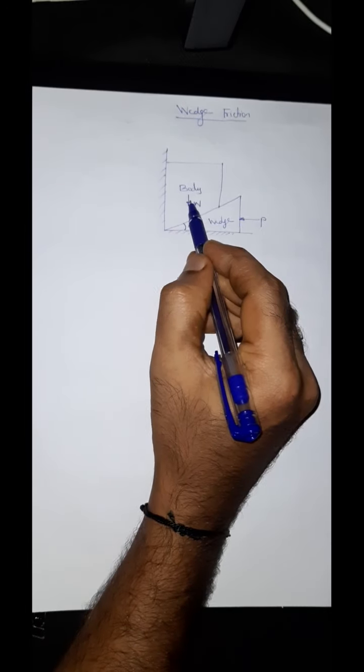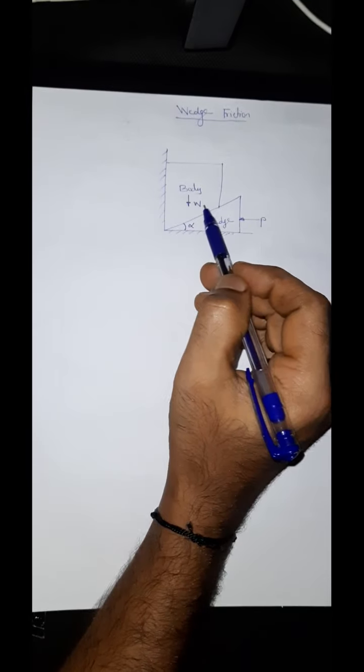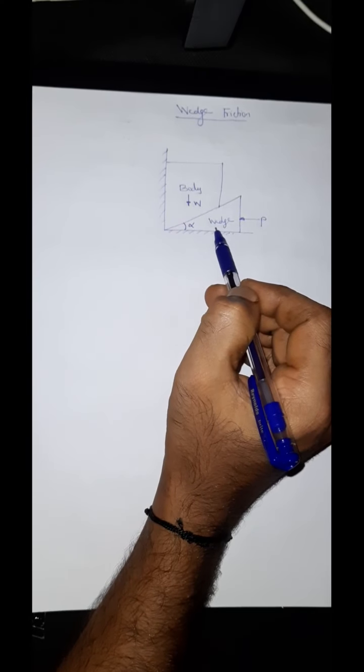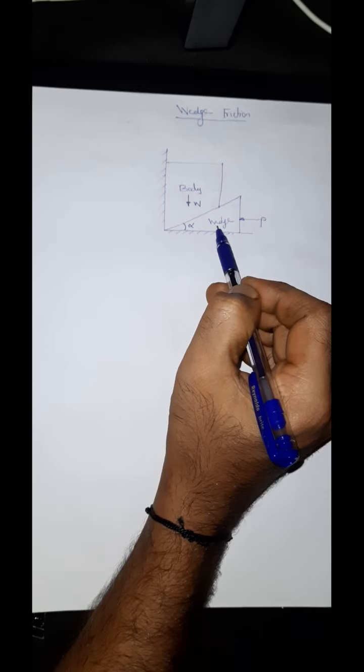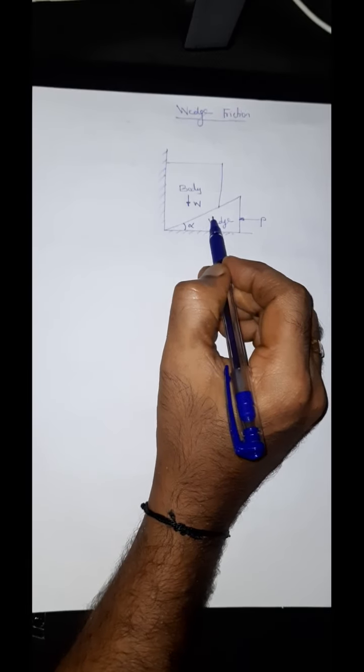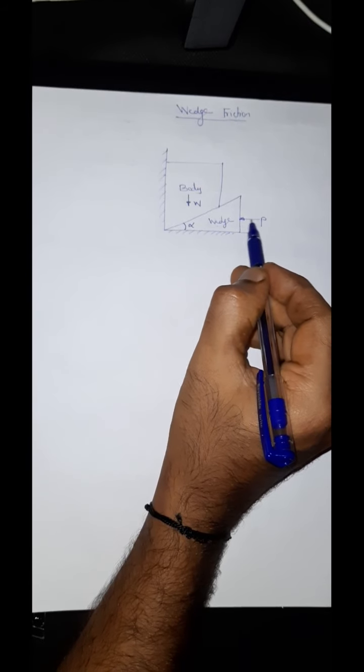Right? This is the wedge, this is the body. So the body must have some weight. The wedge usually has negligible mass, otherwise some mass or weight will be there. Right? So as far as this diagram is concerned, an external force is being applied.